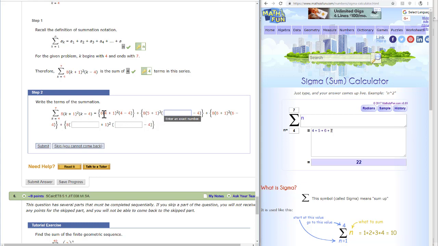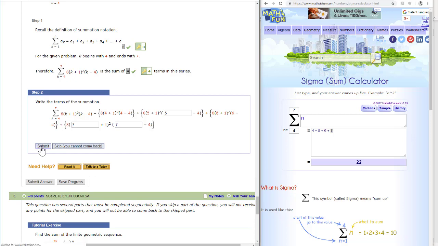And the first term was k is equal to 4. The next term is k is equal to 5. And then our next term is k is equal to 6. So we have this, 8 times (6 plus 1) quantity squared, and then times (6 minus 4). And then our last term, the fourth term, has k is equal to 7.